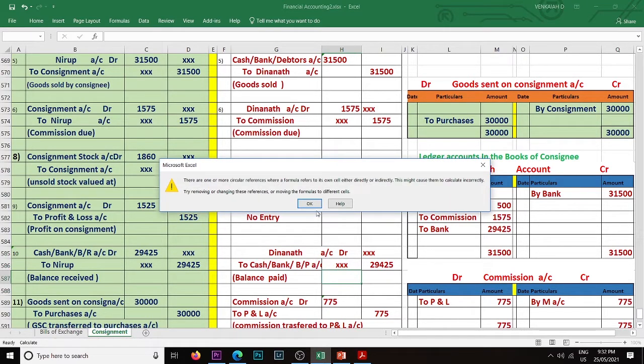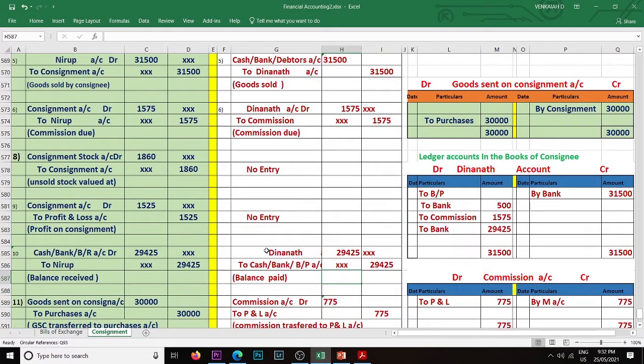Okay, students. Commission as it is, commission account also. P&L account transfer 1575 by Dinanath account.